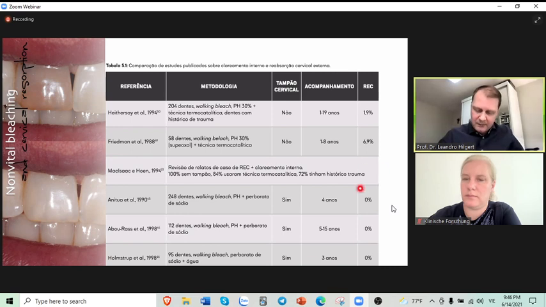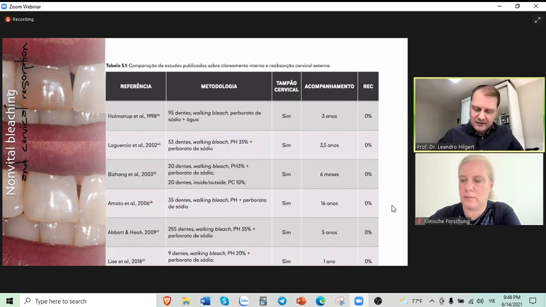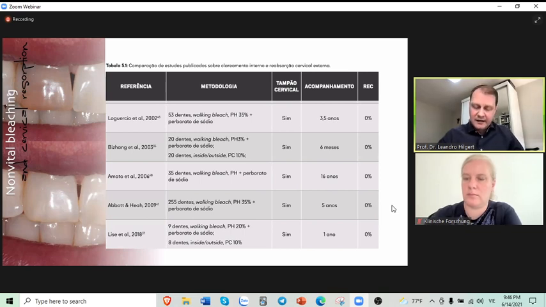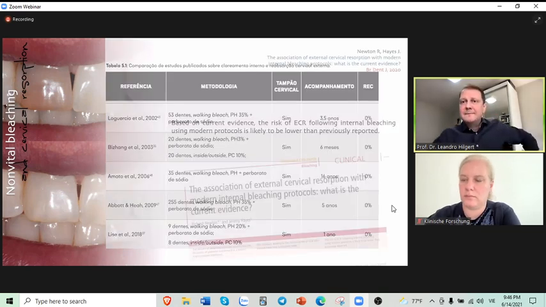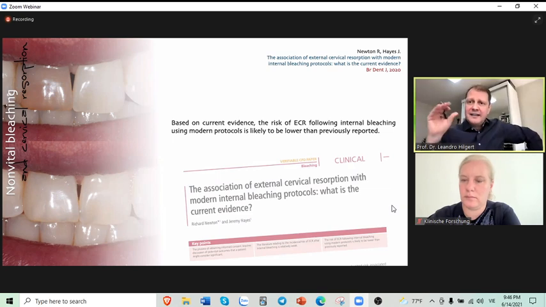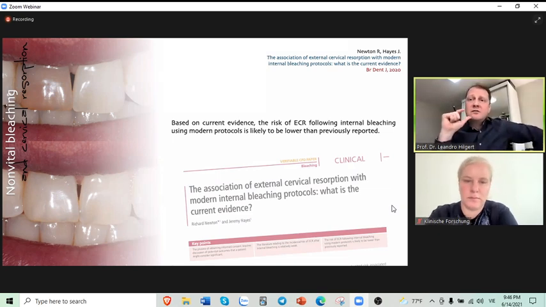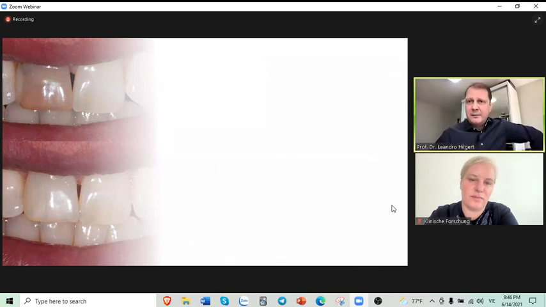So, see, many clinical studies with 0% cervical resorption, and it's even the topic of a very nice paper published in the British Dental Journal last year, that based on current evidence, the risk of external cervical resorption following internal bleaching with modern protocols is likely much lower than previously reported. So pay attention to this technique. For some cases, it might help you.